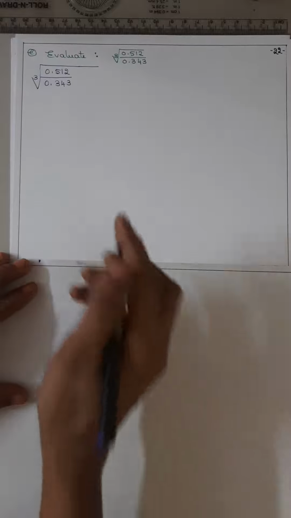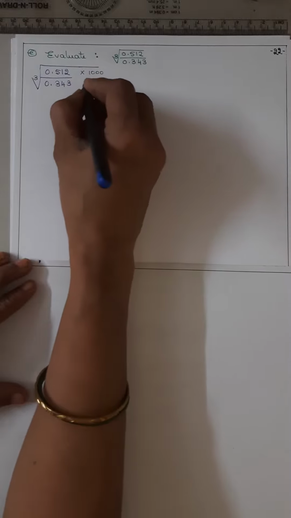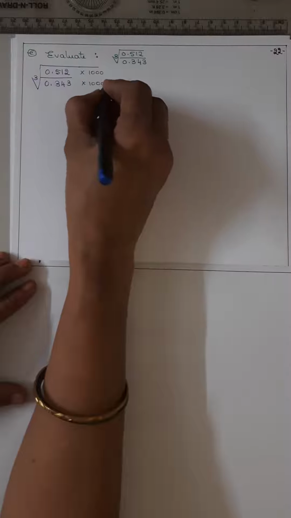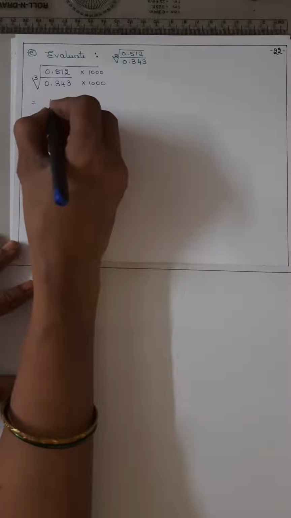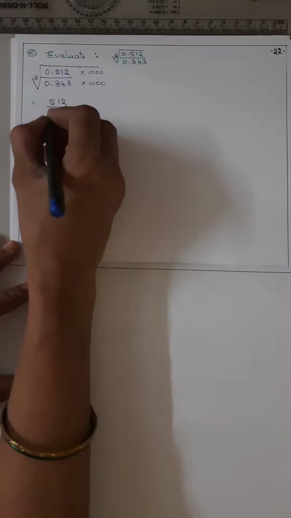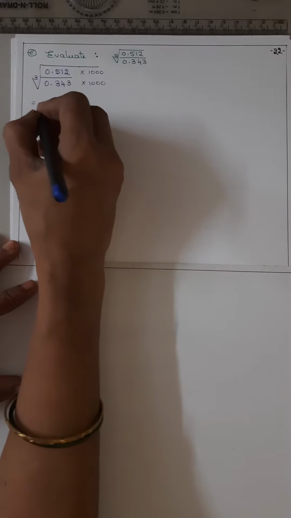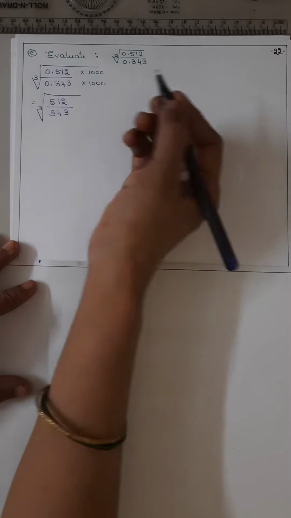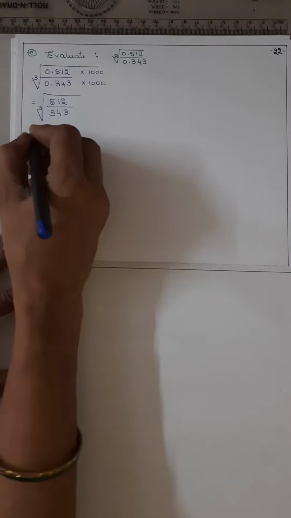So remove the decimal. How to remove? Multiply by 1000. So you got 512 upon 343. Cube root of 512 upon cube root of 343.